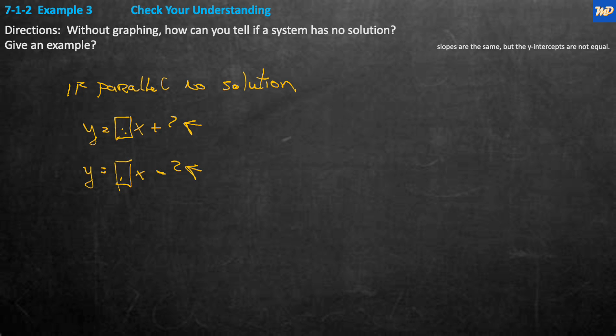So y equals some value that's the same as this other value times x plus some positive number versus a negative, then those are parallel lines and they will never intersect, and so there is no solution. The y-intercepts have to not be the same. Okay? I'll draw it again. I'll say y is equal to 3x plus 1 and y equals 3x minus 4. The slopes are the same. The y-intercepts are different. They are parallel lines.